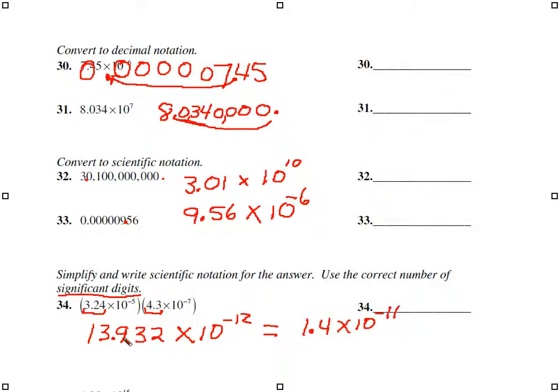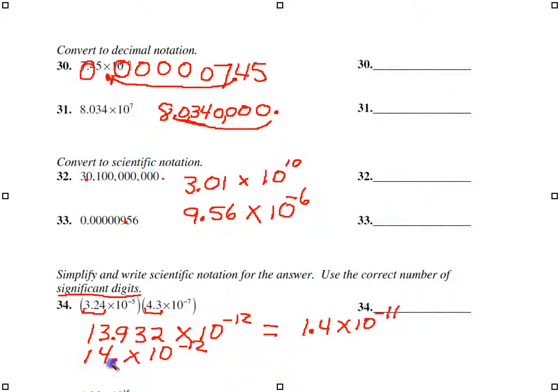But I have here a 9, so I can round that off to, let's say, 14 times 10 to the negative 12. But that's not a number between 1 and 10.